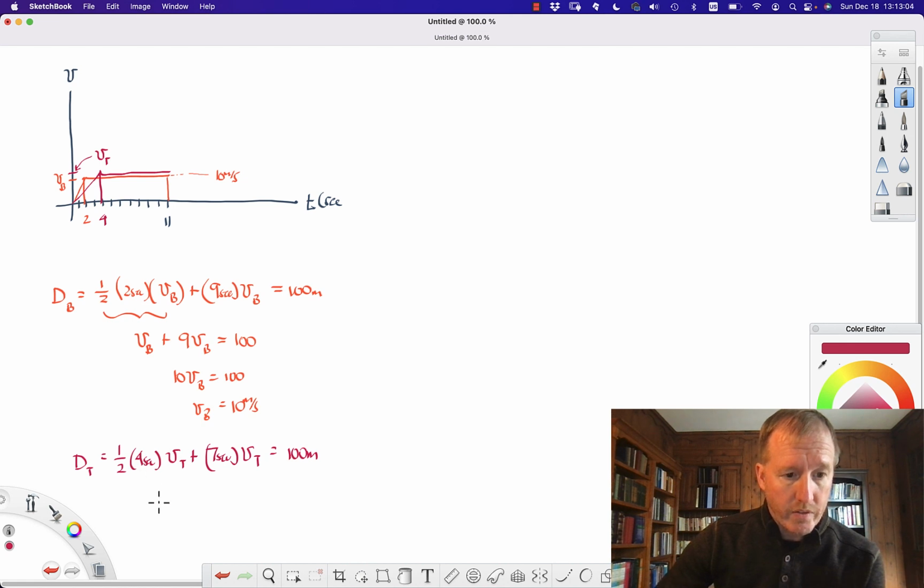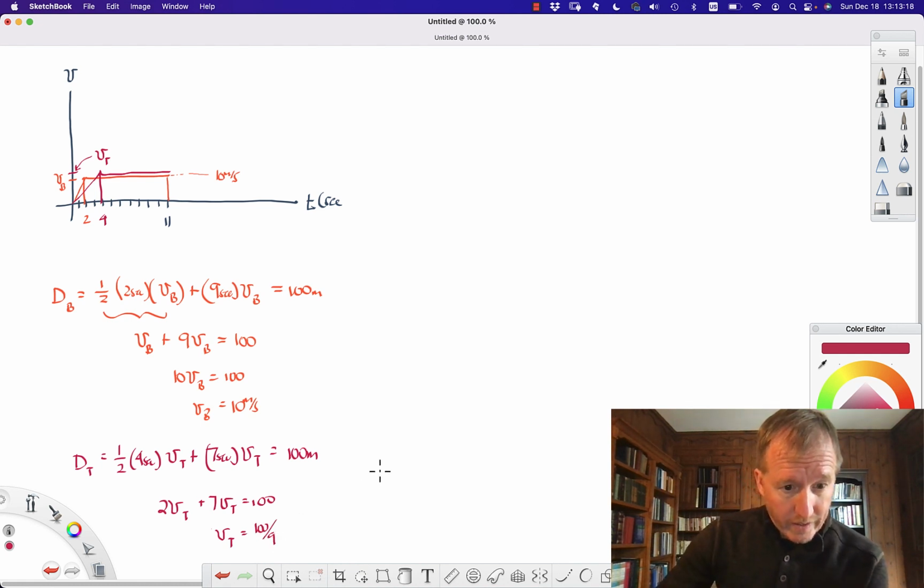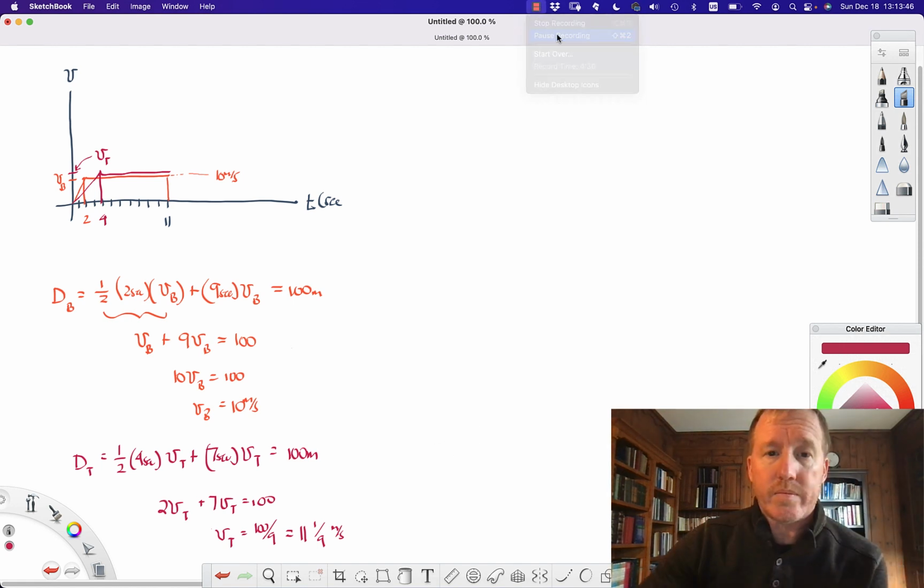So I'm going to simplify this. 2 VT plus 7 VT equals 100, or 9 VT is 100, or VT is 100 divided by 9, which is about 11 and 1/9 meters per second. So he is going a little bit faster.